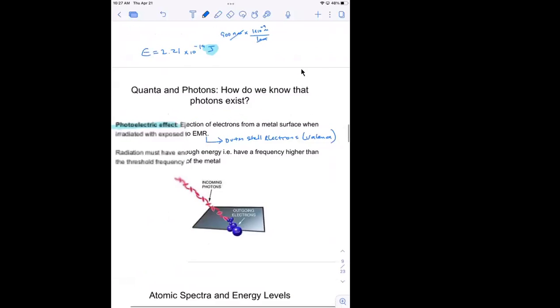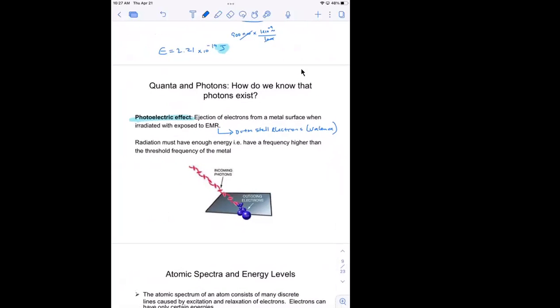So your valence electrons. When you're ejecting electrons from any element or atom, normally it's going to be those outer shell, those valence electrons that are furthest away from the nucleus.